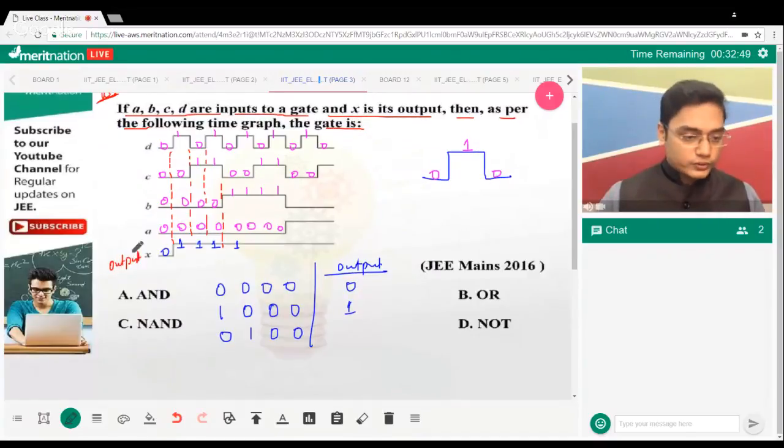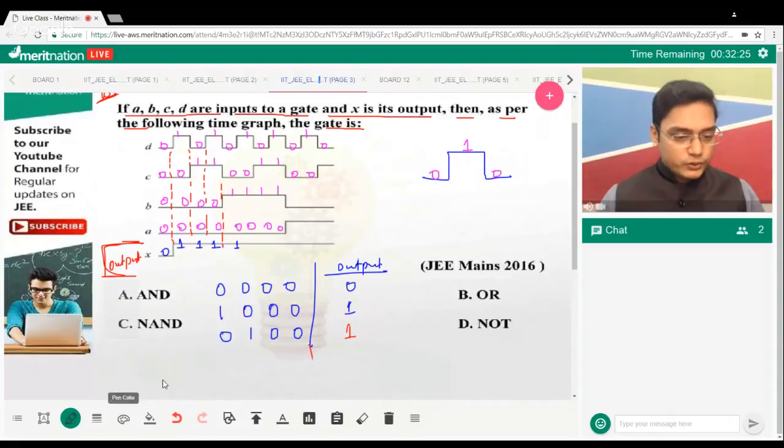This corresponds to the output only, because the question says that x is its output. So in the first case it is given that the output is 0, in the second case 1, then the third case 1, fourth case 1, and so on. So the third output is 1. Okay, that's good, and so on we can proceed.